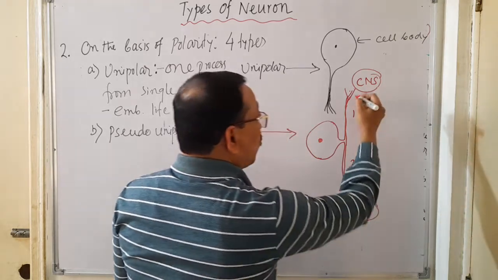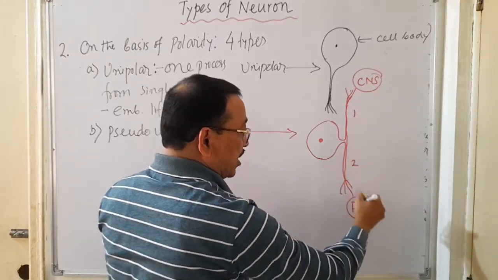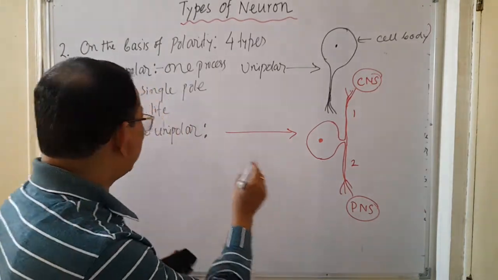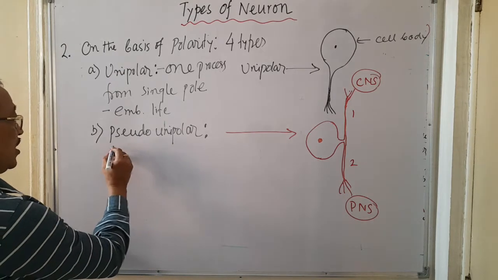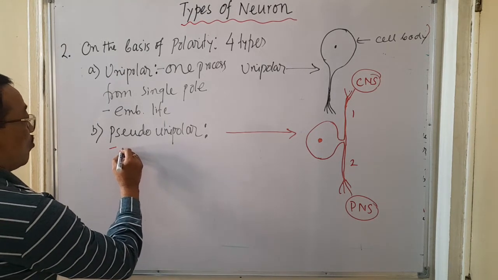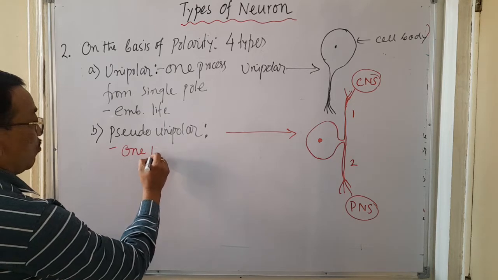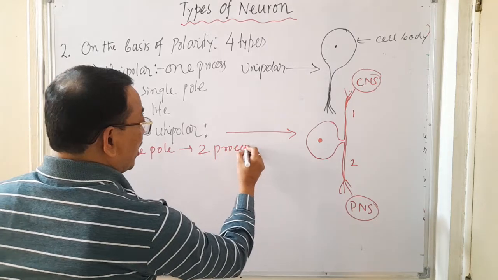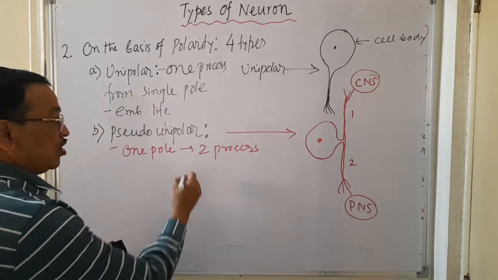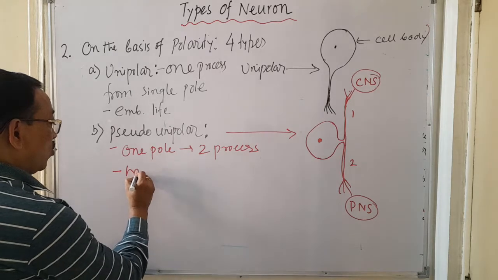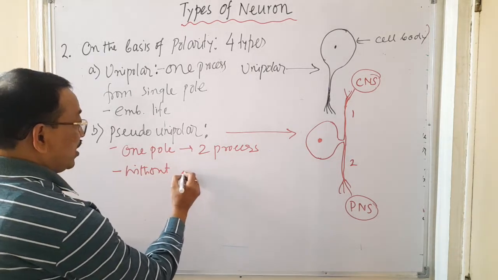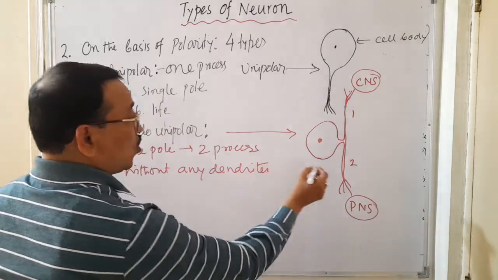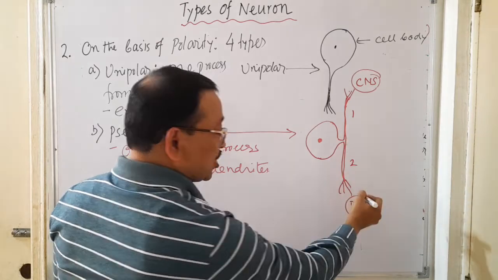So in this unipolar case, from one pole, two processes originate, and this has no dendrites. This is also an axon.